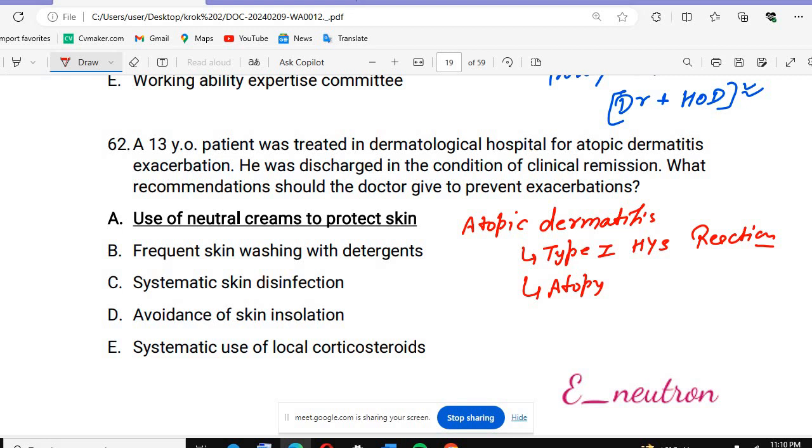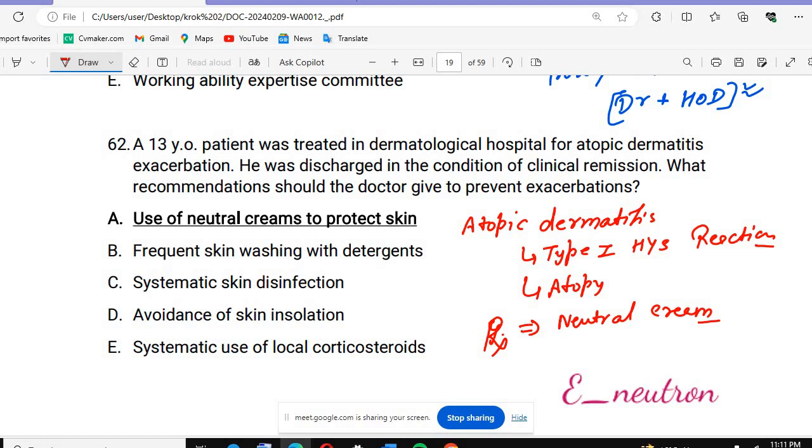So in these conditions, we give some antihistaminic creams, or the treatment we can give some neutral creams, because mainly the problem we're having is the skin. If any itching is there, we will provide some oil things there that can help to protect the skin.